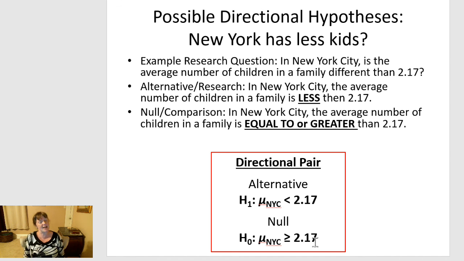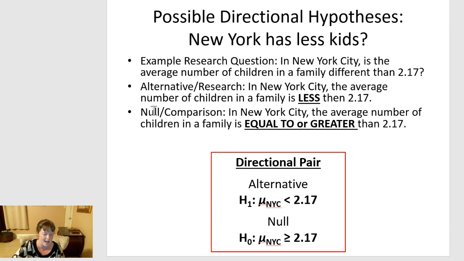And so she has a research hypothesis that specifies in New York City, the number of children in a family is less than 2.17, because her research concern is that there is some drop in fertility in New York City. And so that is her awesome research hypothesis, her awesome alternative.